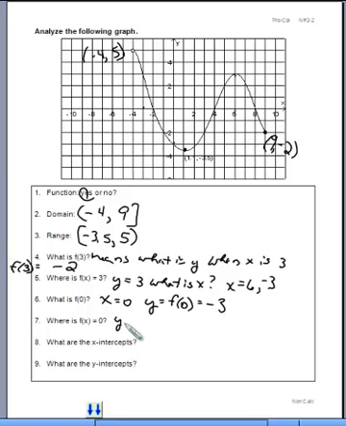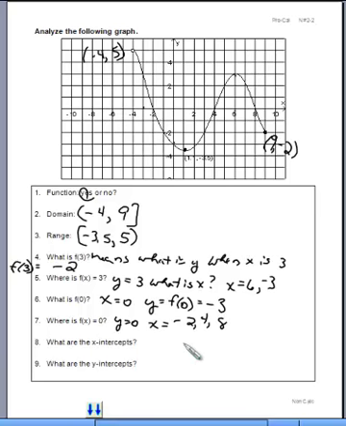So if y equals 0, what is x? So here's y equals 0. In other words, where does it cross? This was asking for x-intercepts. So x is 0 at -3, 4, and 8. Or that's -2, sorry. So at -2, 4, and 8, you have a value of y equals 0.